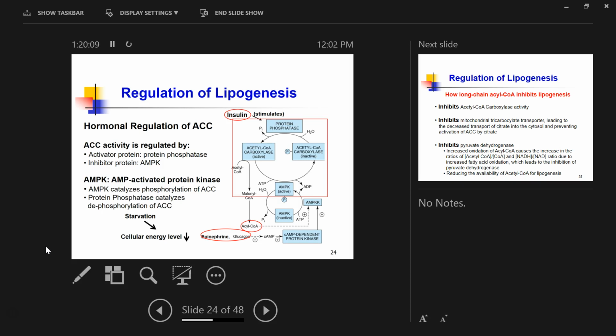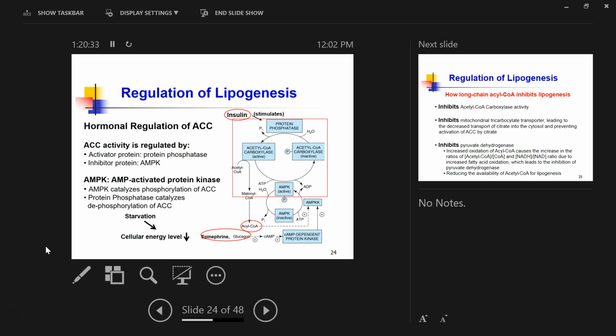So AMPK activity is increased usually during starvation, right? When we have low energy, and the epinephrine, glucagon, or cyclic AMP levels go up, then AMPK can be activated, right?